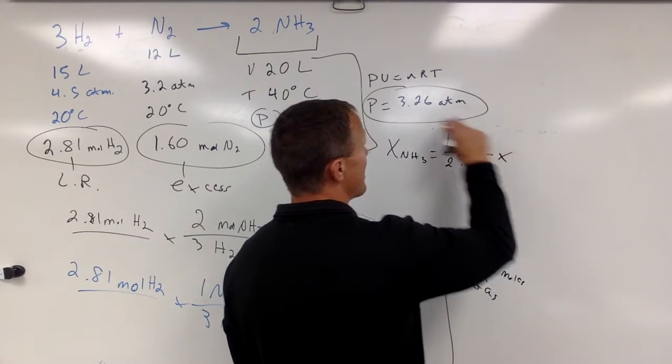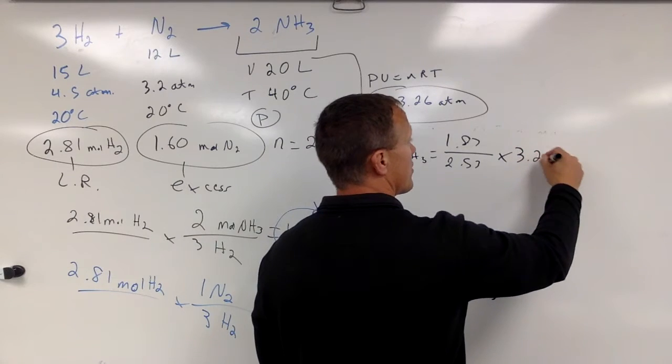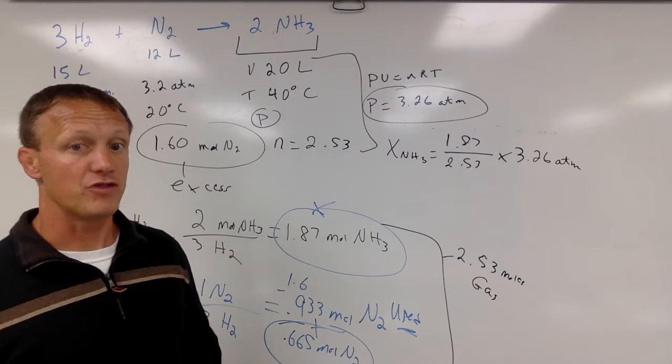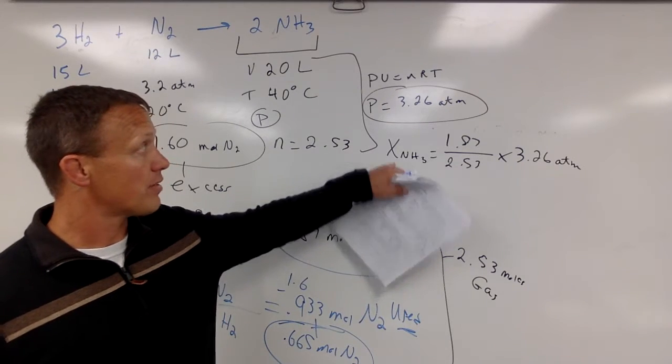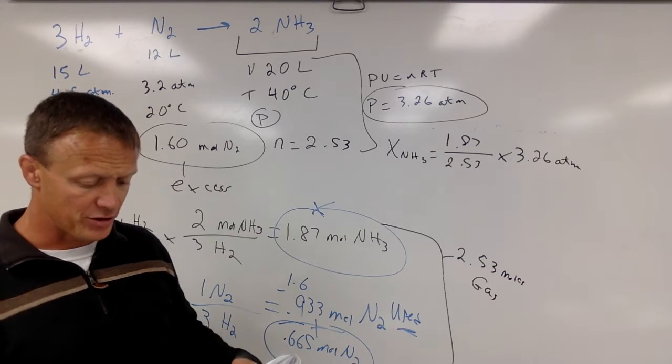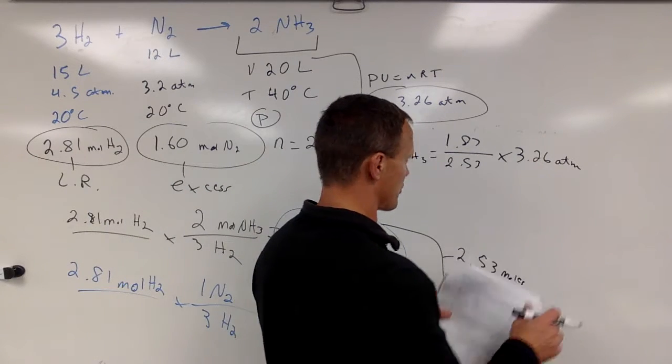We can take that times the total pressure, and that would tell us the pressure of just ammonia. And then 3.26 minus that answer would tell us the pressure of nitrogen. So I got a pressure of ammonia of about 2.40.